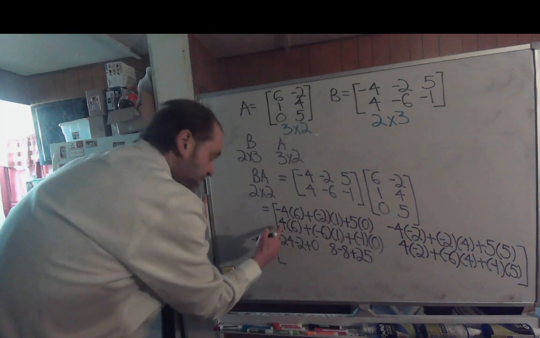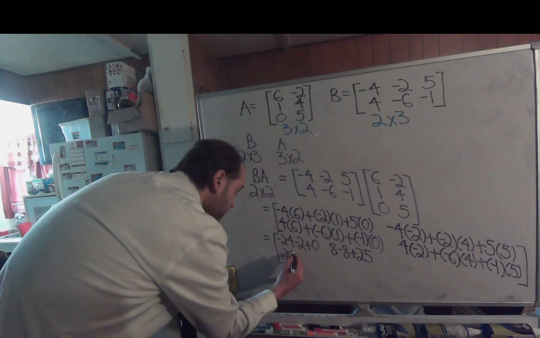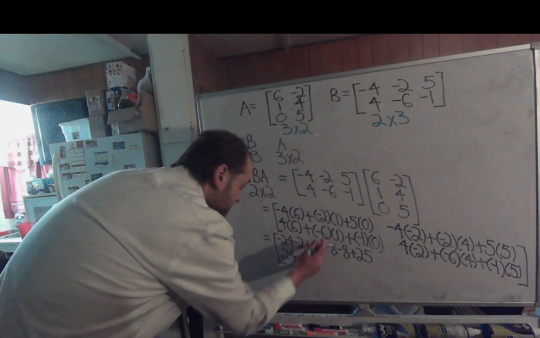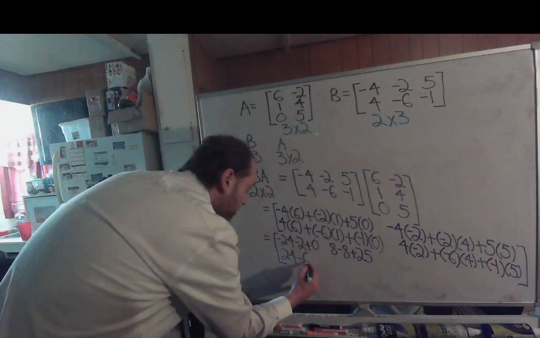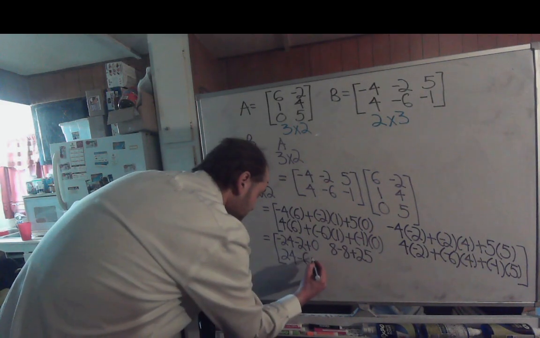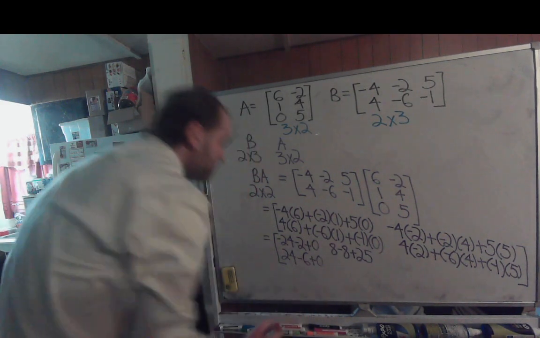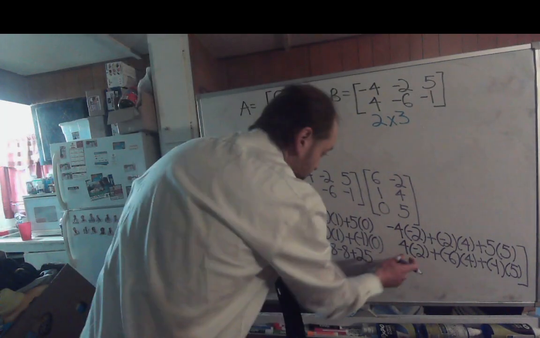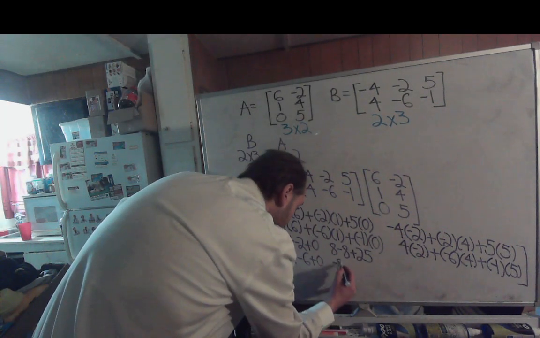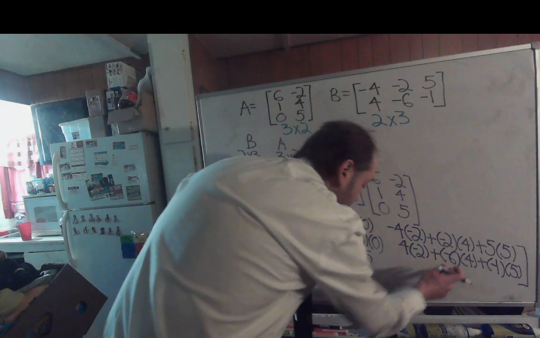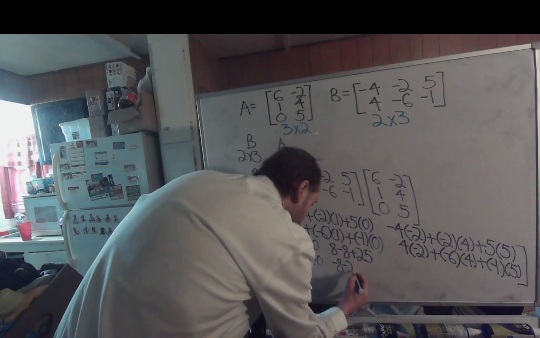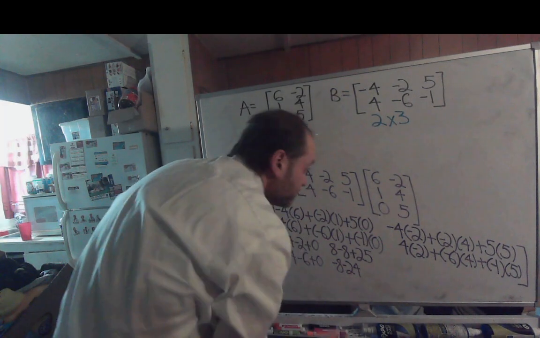And then you have 4 times 6, which is 24, plus negative 6 times 1. So that'd be 24 minus 6 plus negative 1 times 0. That'd just be 0. And then you'll take 4 times negative 2. That'd be negative 8 plus negative 6 times 4. So negative 8 minus 24. And then you'll do negative 1 times 5.